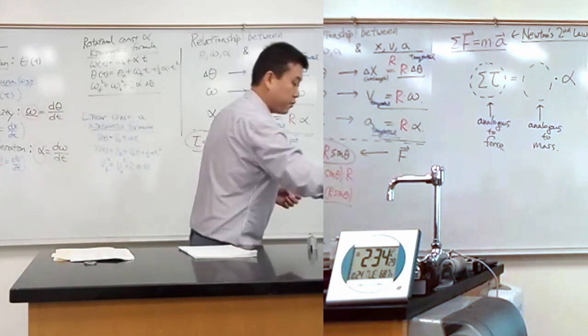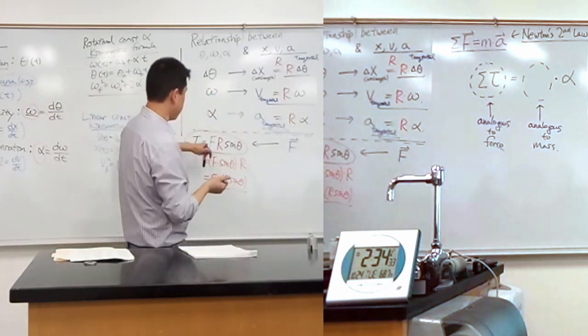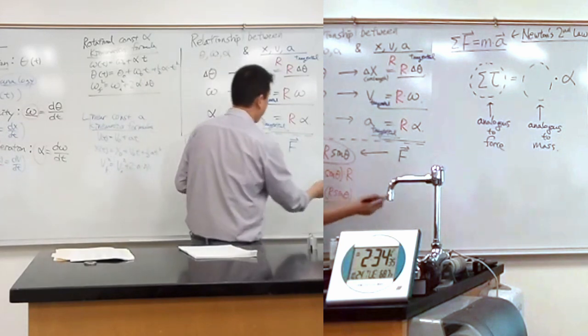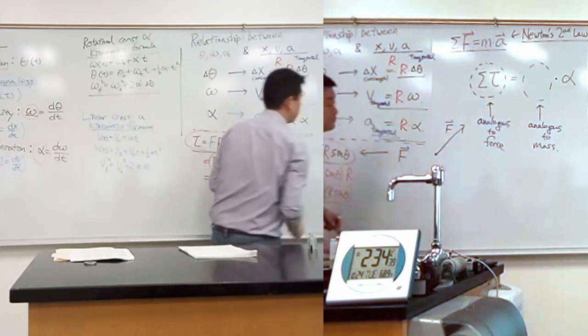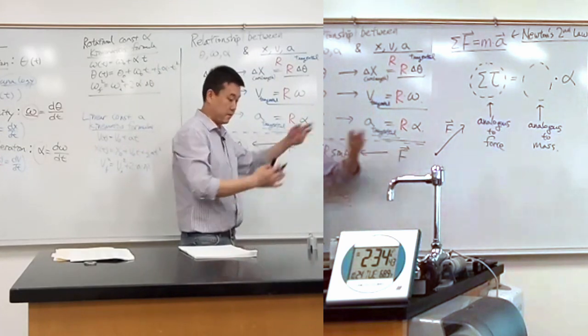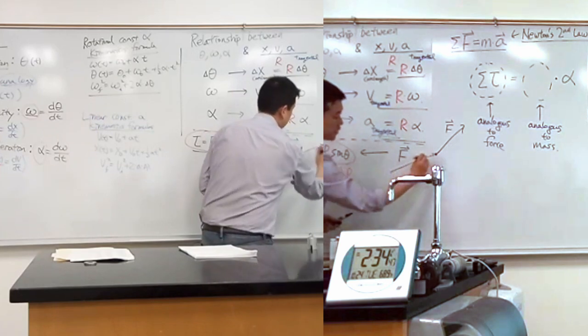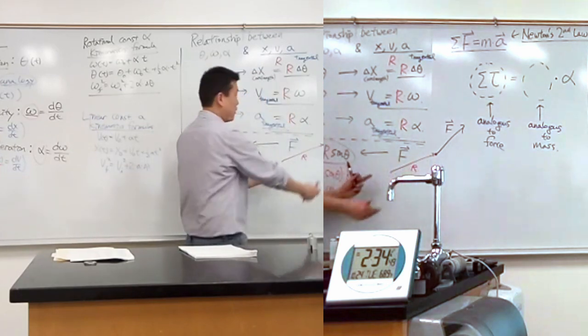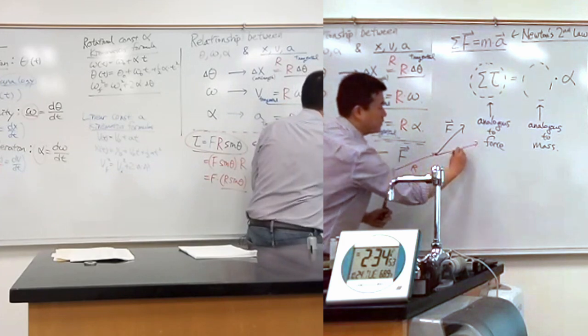Here are 2 different ways of interpreting it. Let's say this is a result of a force that points in a particular direction, acting at a point where the R vector works out this way. This could be the actual R vector, but I'm going to imagine translating it over so that I draw my R this way.